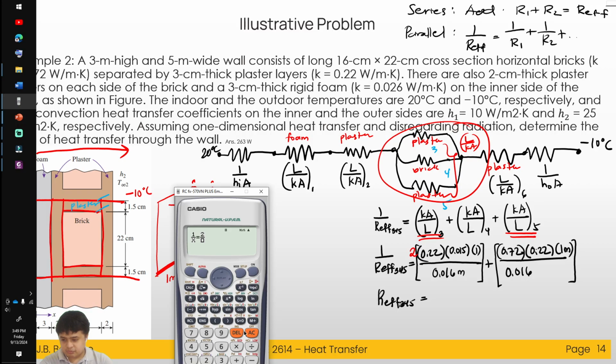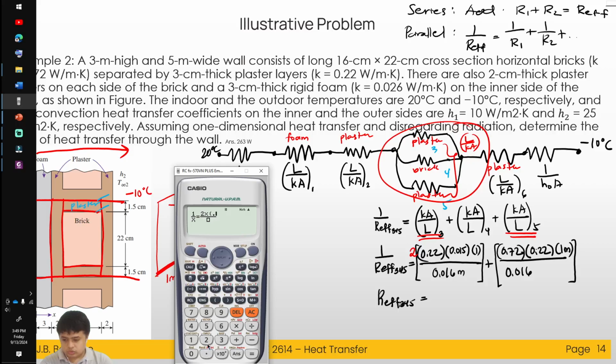We have 0.22 times 0.015, then 1, 0.016, plus 0.72 times 0.22 times 1. So I'll just remove the 1, that's 0.016. So x here is 0.097. Sorry.